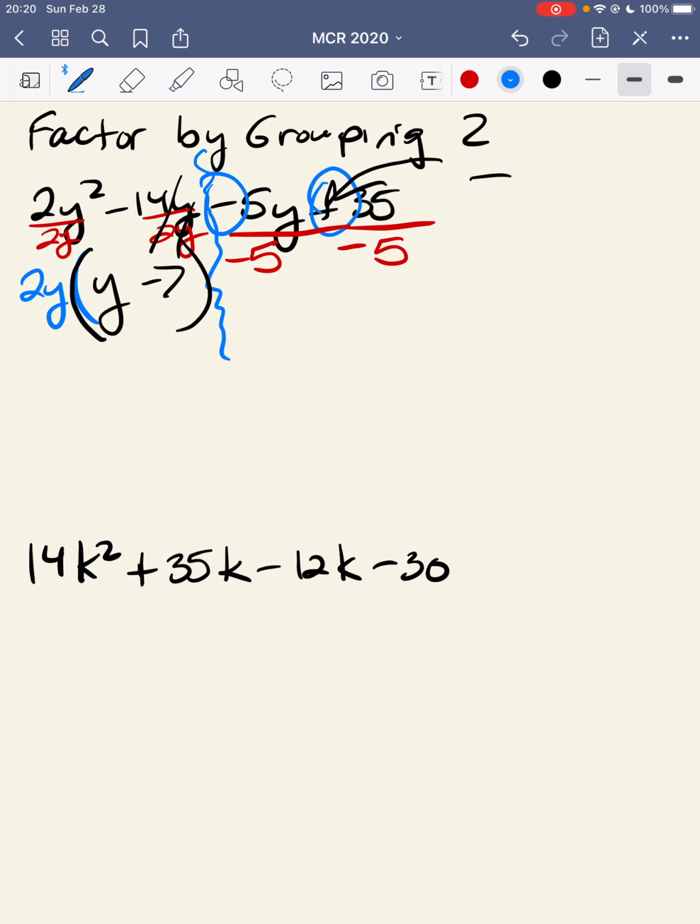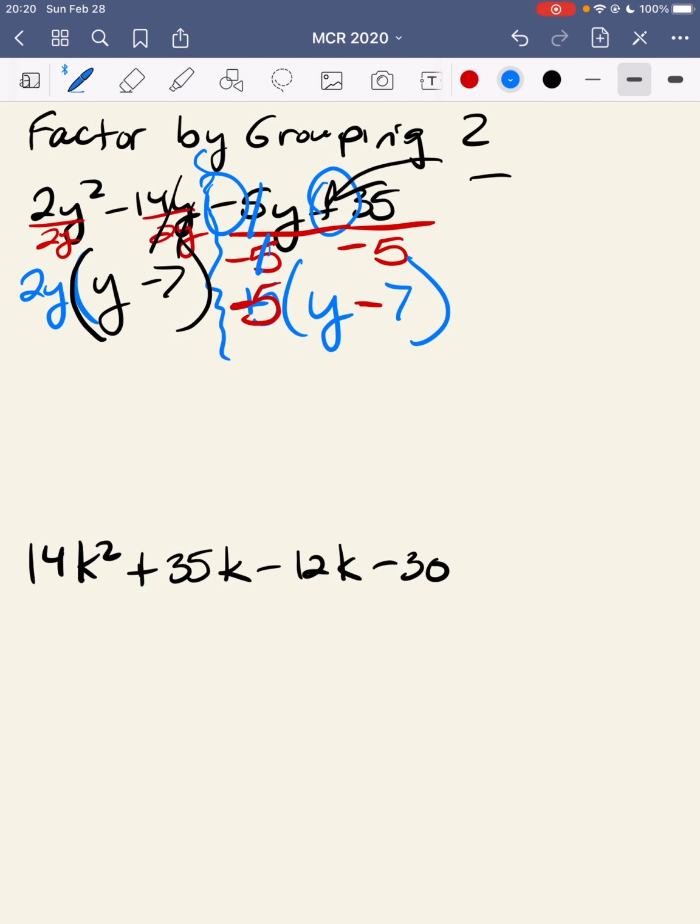So a negative over negative gives me a positive. 5's cancel, leaving me with a y. All right. And that's a negative 5, sorry. And a negative divided by positive is a negative. 35 divided by 5 is 7.